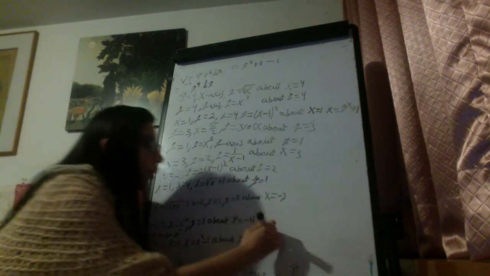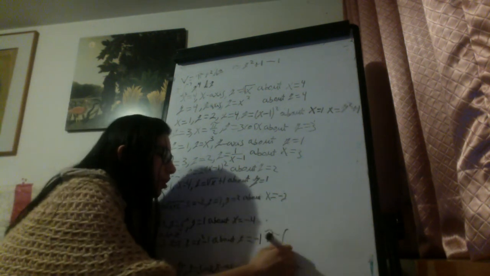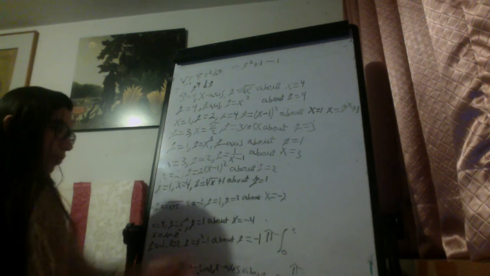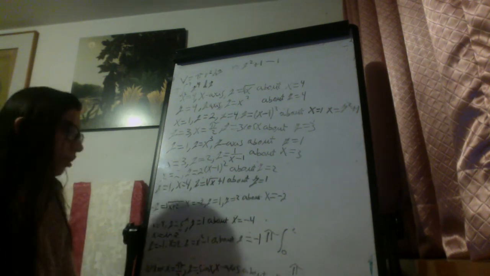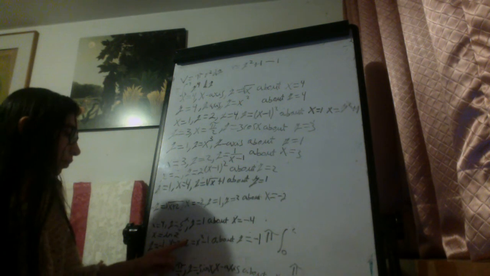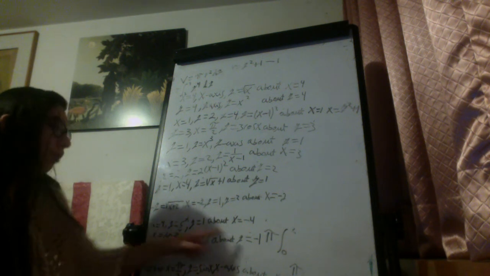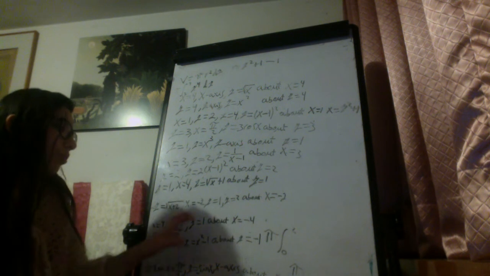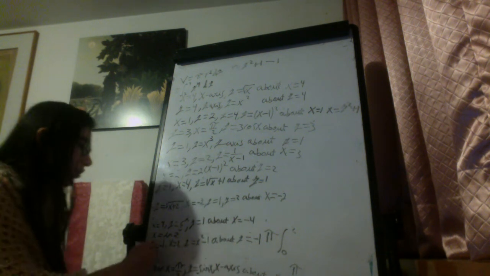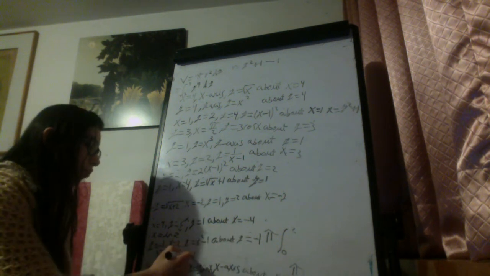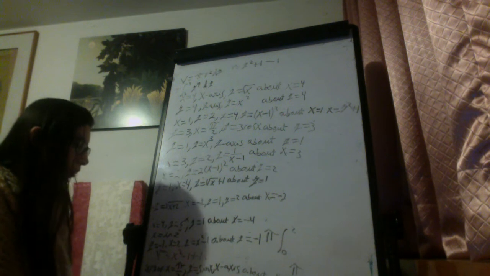So this will be pi times the integral from 0 to 2 of, let's pick a number between 0 and 2, let's say 1. 1 squared minus 1 is just 0, so y would be equal to 0, and here we have y equals minus 1, so we subtract this from this, so the radius is the square root of x squared minus 1 minus minus 1, so plus 1, so this would be x squared.